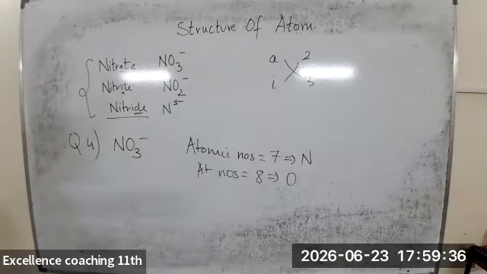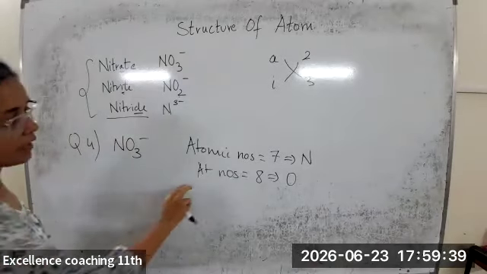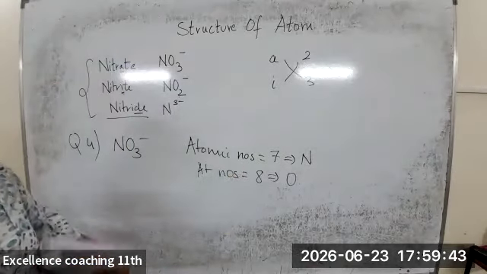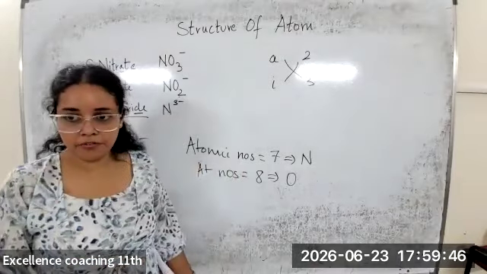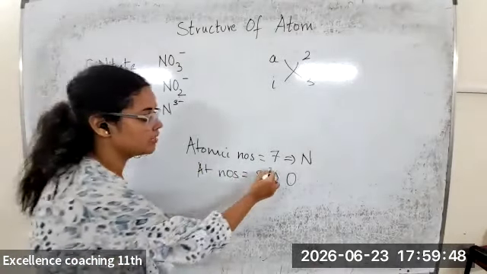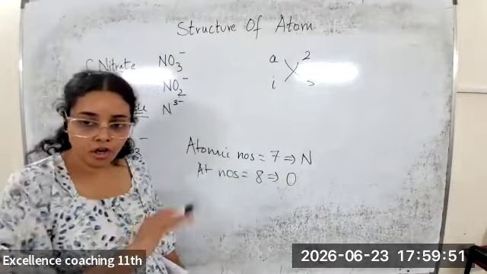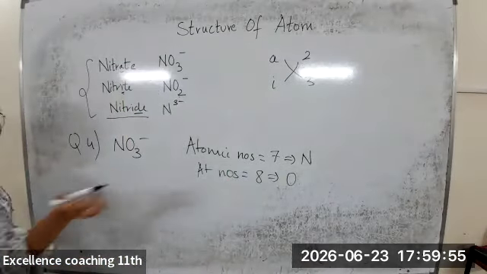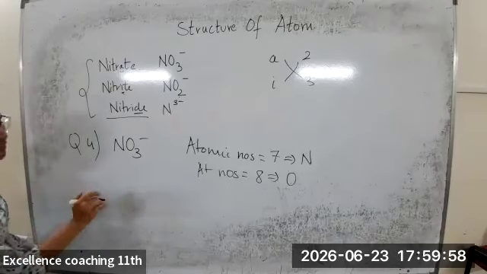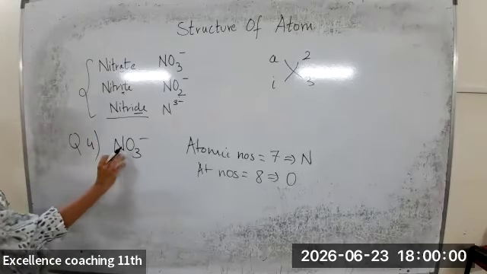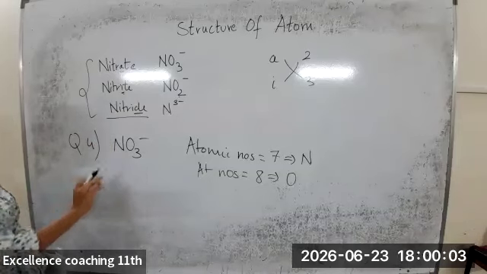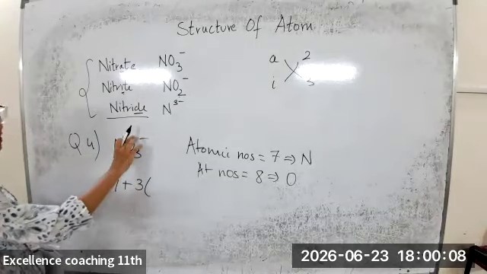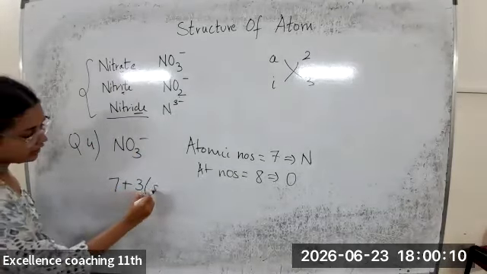Yes, all got it. Okay. So now atomic number is basically the number of protons or number of electrons. But I said be careful when it is not a neutral atom. So I will take that charge also into consideration. I will take the number of electrons of nitrogen, how much will it be? 7 plus 3 into how many of oxygen? 8.